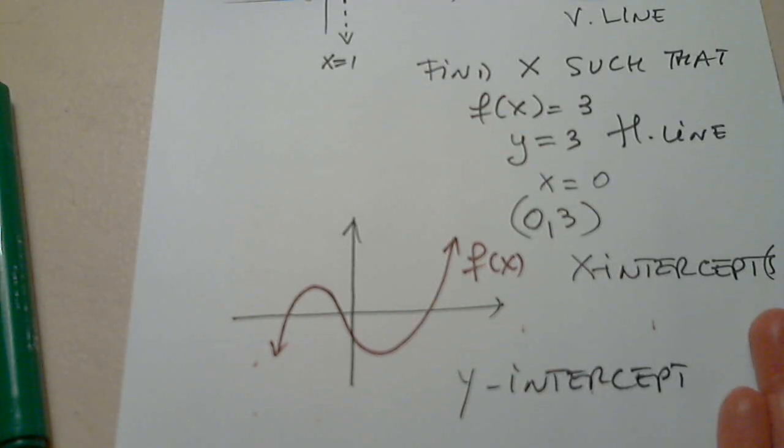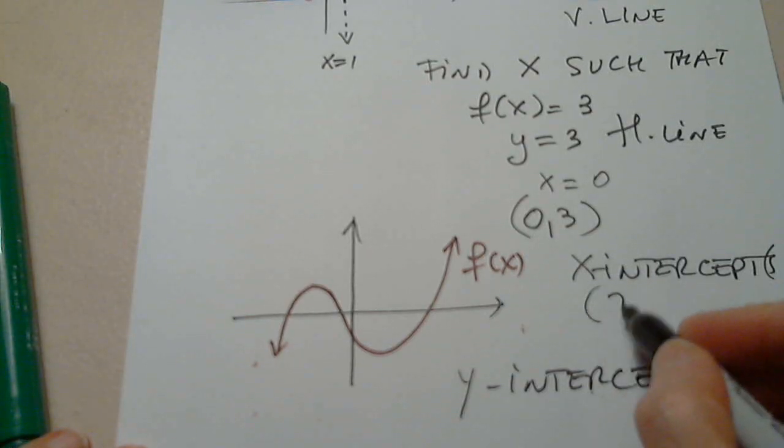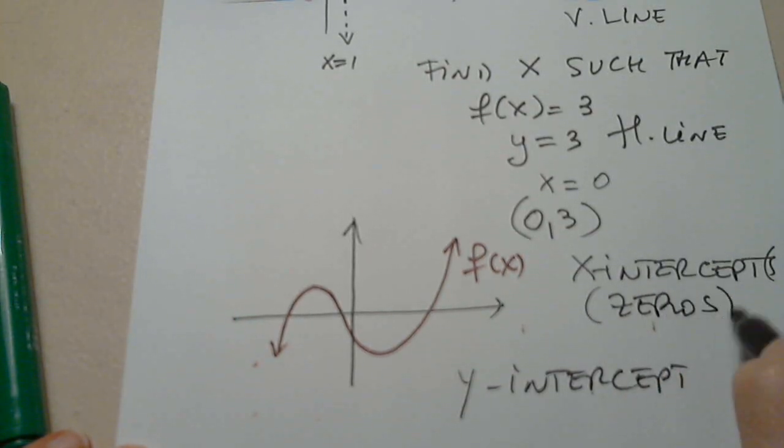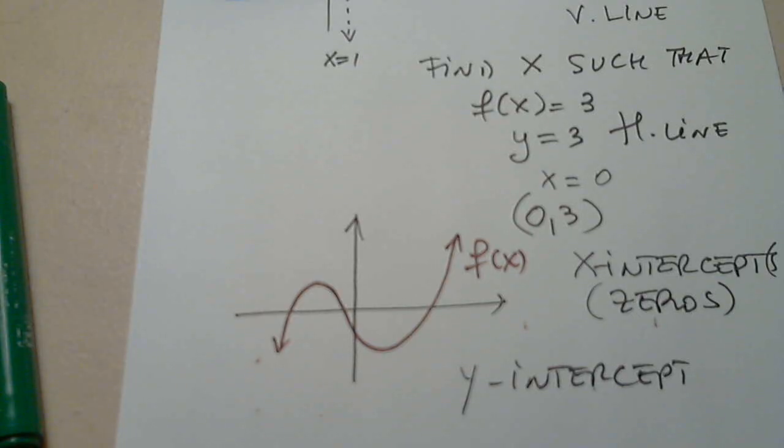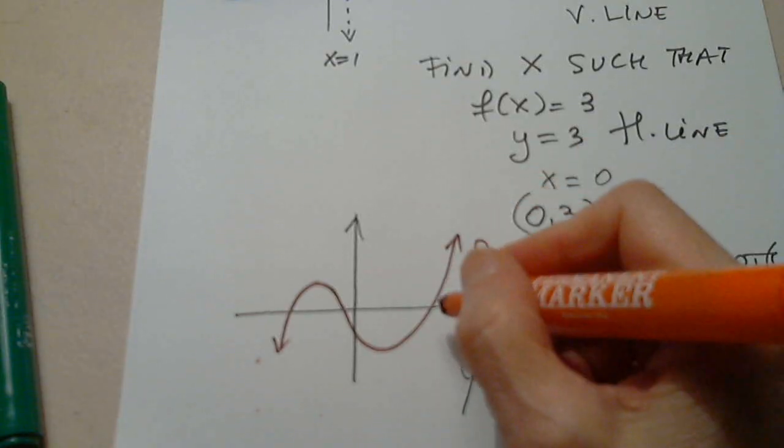So x-intercepts or zeros. X-intercepts or zeros of the function are those points where the function crosses the x-axis. Where does it cross the x-axis?